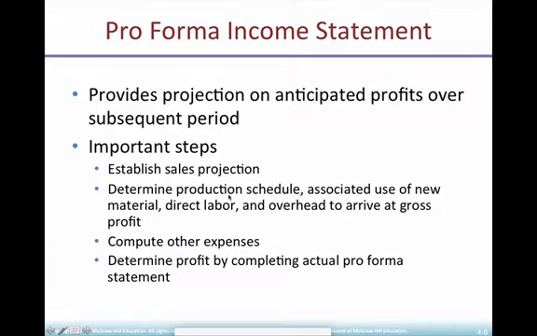Because I have the beginning inventory that I don't really have to produce this period because it exists from the previous period, but I have to take into consideration some of the ending inventory, so I do have to produce that one. And then to be able to finalize the pro forma income statement, I have to consider other expenses and do the calculation all the way to the earnings per share.